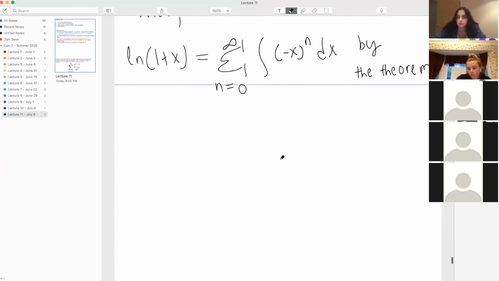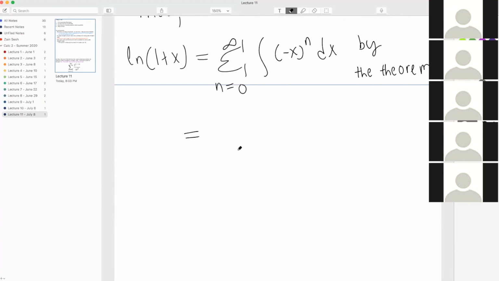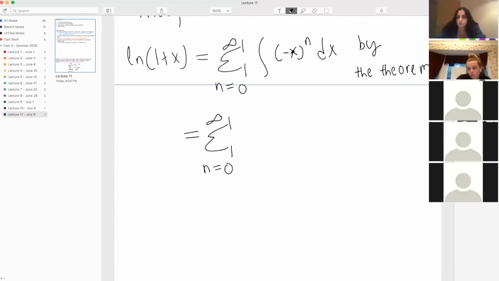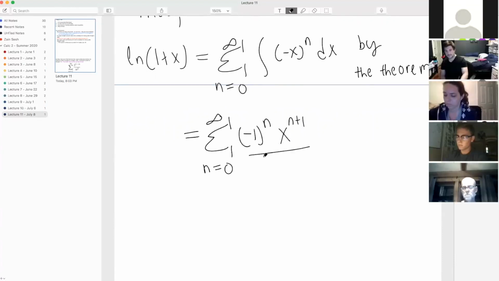All right, good. Now we can just hit this with the power rule of integration, also known as the reverse power rule. So infinite sum, n equals 0 to infinity. Well, you want to factor out a negative 1 to the nth power first, then use the reverse power rule, over n plus 1.